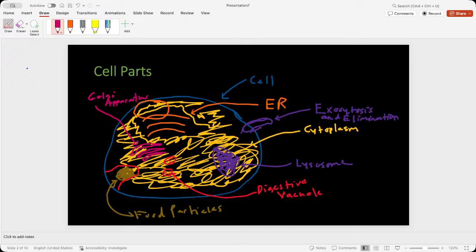I didn't include it earlier, but I'll include it right here for you all now. There is DNA inside the nucleus. This is the nucleus. Okay, so we have all the pieces together here.